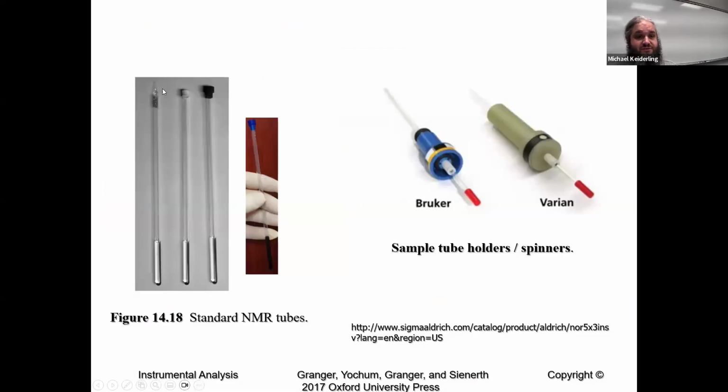So standard NMR tubes, we saw some of those. And on many instruments, there's a spinner. This spins the tube to even out measurements and give you a more homogeneous signal.